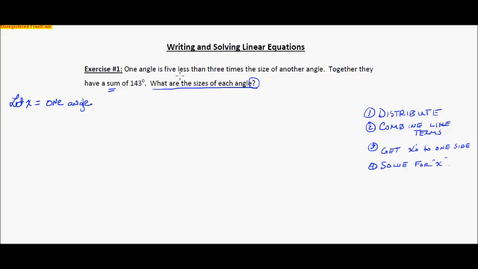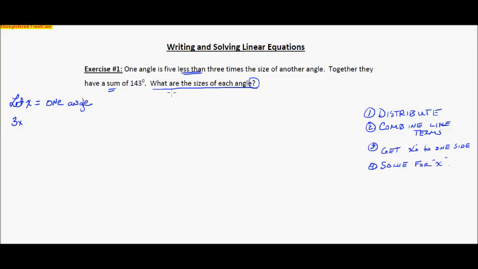And they really do tell me about the other angle that I want. They say the other angle is 5 less than 3 times another angle. So I would write 3 times another angle as 3x. And a couple sections ago I mentioned you've got to be careful with less than.